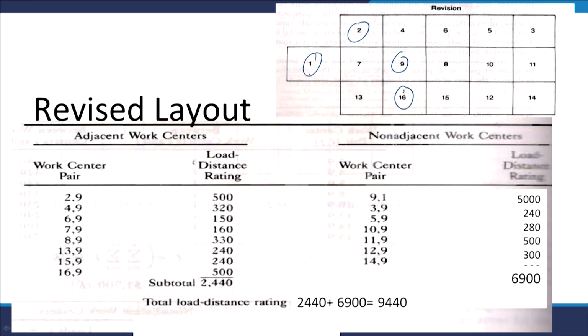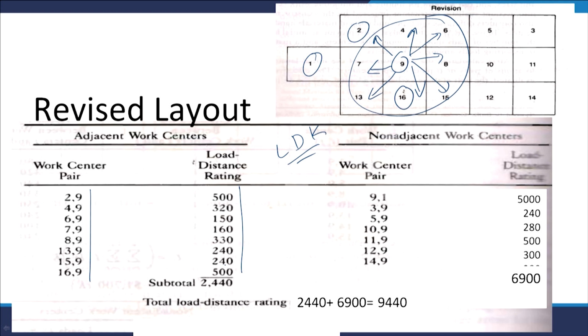So, we will consider the adjacent centers' load into distance into cost factors, and then the non-adjacent centers. Non-adjacent centers are 9,4, 9,2, 9,7, 9,13, 9,16, 9,15, 9,8 and 9,6. Whatever movement is needed from these stores to the packing area 9, they will be the adjacent centers. Since the load is the same and only the distances have been reduced, the load into distance ratings will get modified.